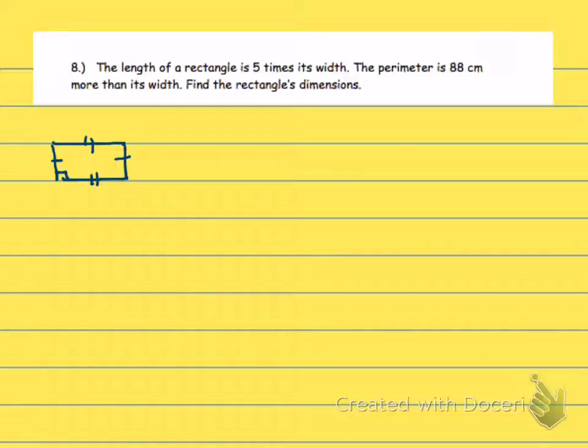So the length of the rectangle is 5 times its width. So what I know nothing about is usually what I want to base my variable on. And so I know that the length is 5 times the width, but I don't know anything about the width. So the width is what I'm going to use as my variable. And I'm going to define that variable.